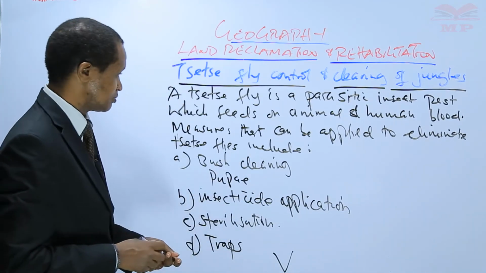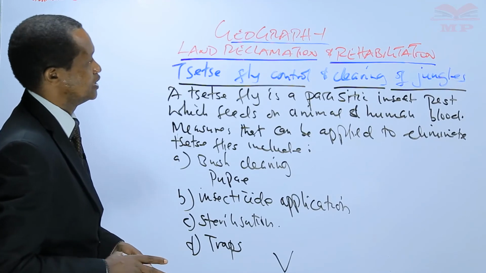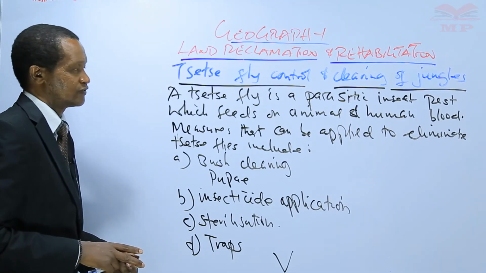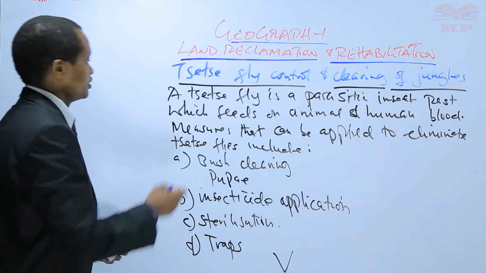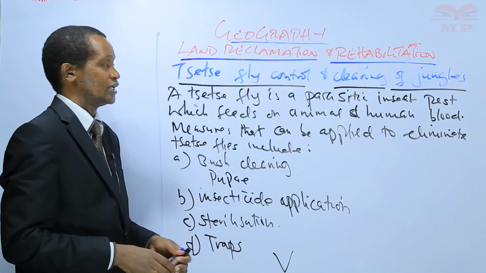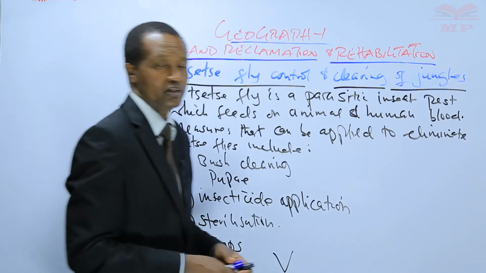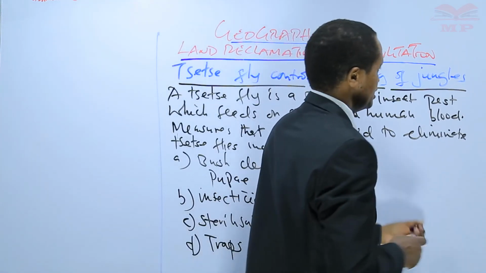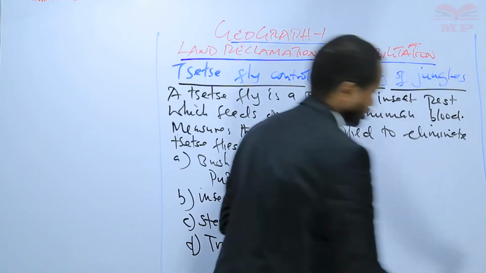So learners, these are some of the methods that can be used in controlling flies. And once flies have been controlled, then land can be reclaimed for resettlement and agricultural use.